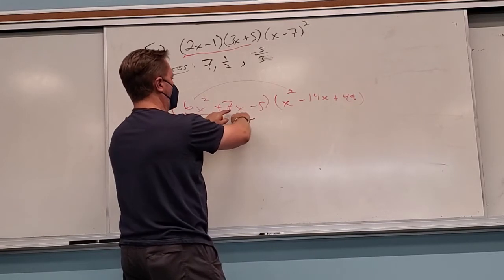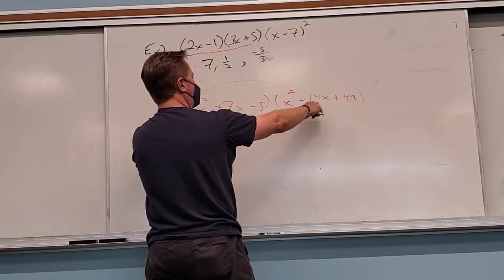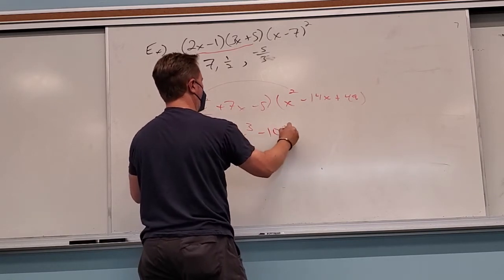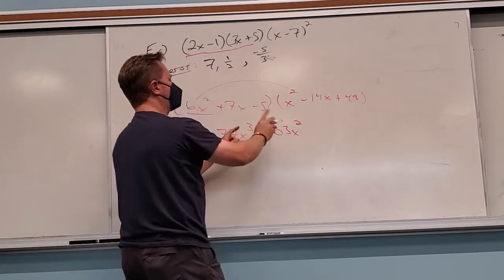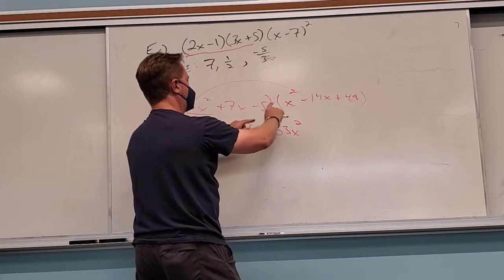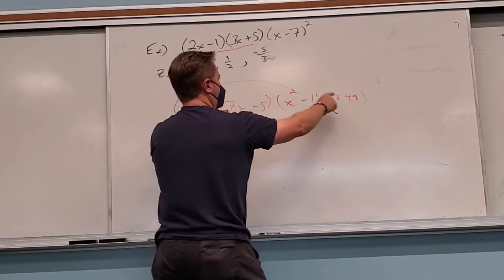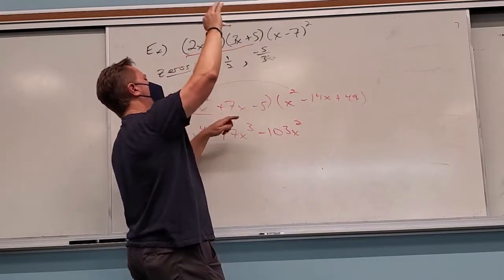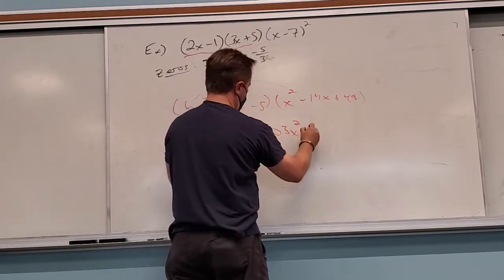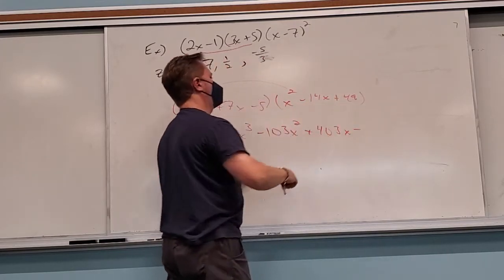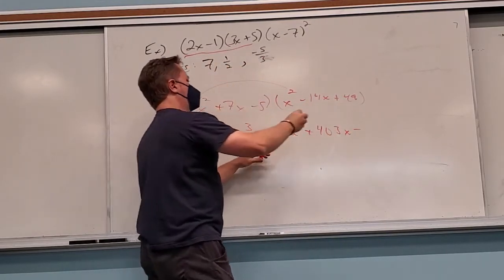Don't worry about what I'm doing. Minus 98, minus 98x squared, minus 5x squared, so minus 103x squared. The numbers don't even matter, but you're going to try to make these right. Plus 60x, plus 343, 60, 403x, minus 250, so 245.